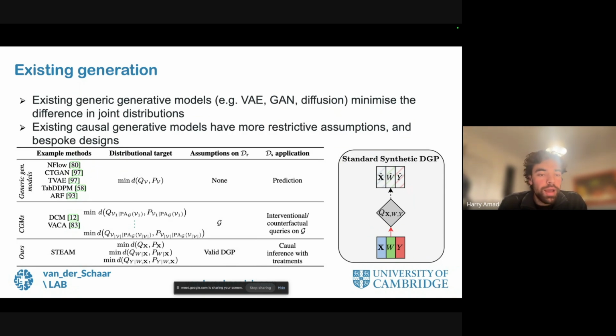There is also an existing family of models called causal generative models, which are more closely related to our task here, but place more restrictive assumptions on the data generating process than we do. A causal generative model will typically assume access to a full causal graph, which describes the causal relationships between every single variable in our data set.